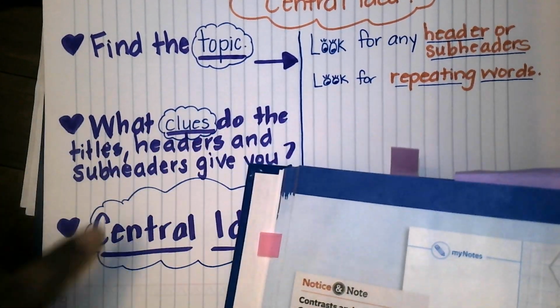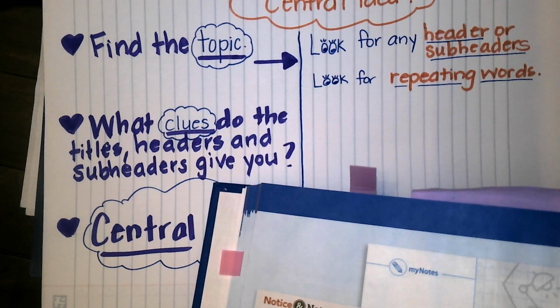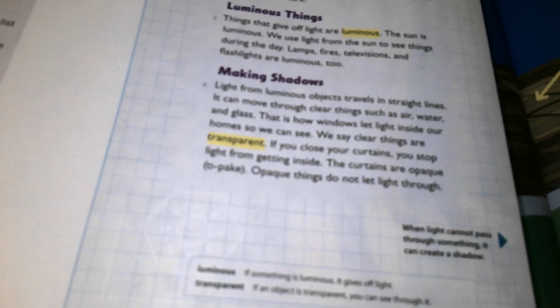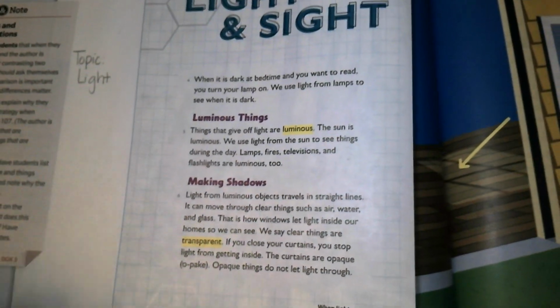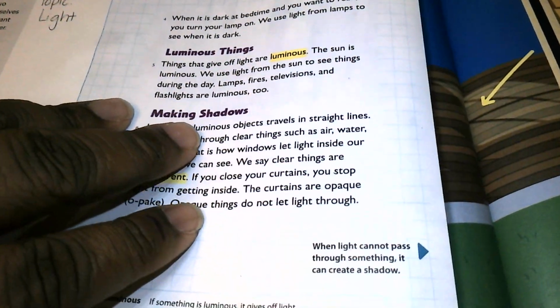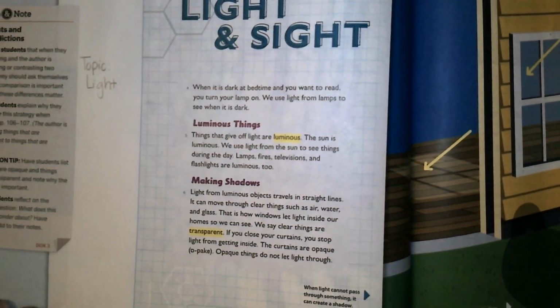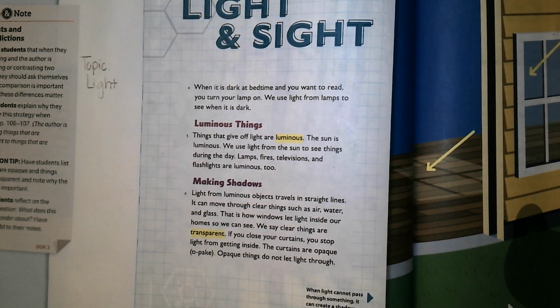And then I'm going to look for clues, information it's giving me about light and about these different subheaders. And what I'm trying to answer is, what is it that the author is trying to teach me about light? Okay, that's ultimately what I will get to.